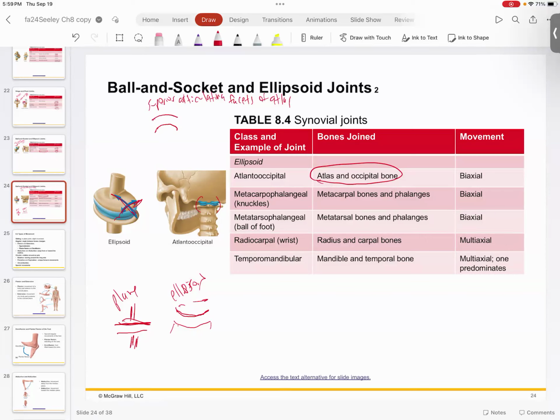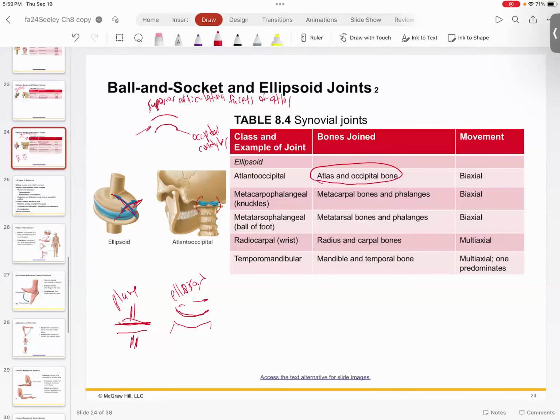So that creates this little ellipsoid look. Instead of being flat, it's got this little ellipse look. It's slightly depressed, almost like an incomplete ball and socket. It's a shallower version of a ball and socket joint.